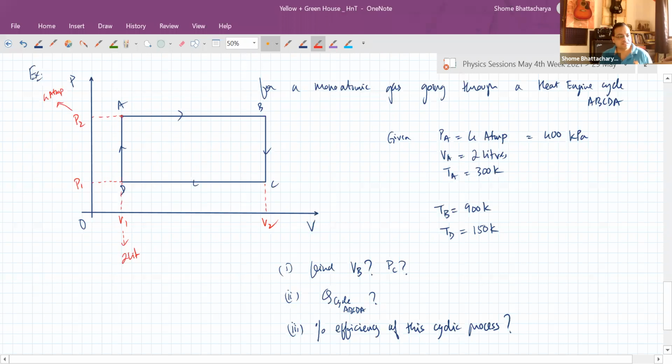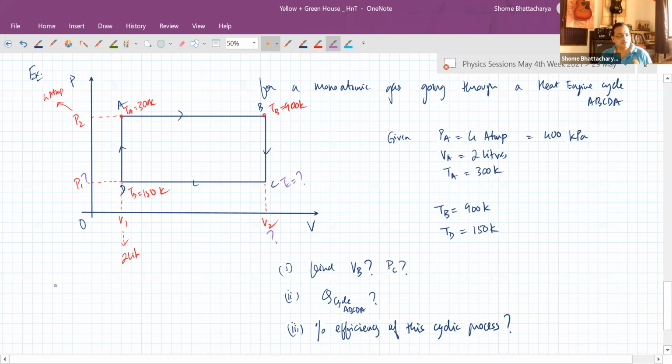And also we know this temperature is 300 Kelvin, this temperature is 900 Kelvin, this temperature is 150 Kelvin. So now we can find out all these things, the temperature at point C, all these things we can find out.